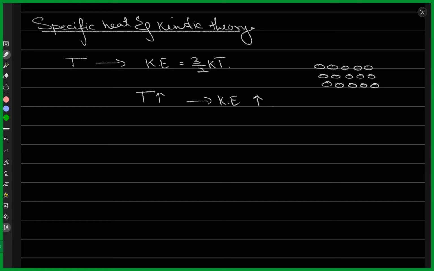So that's why I'm relating temperature and kinetic energy, and we're talking again about the same thing that we did last time. Okay, so is this idea clear? Yes, sir. All right, okay.